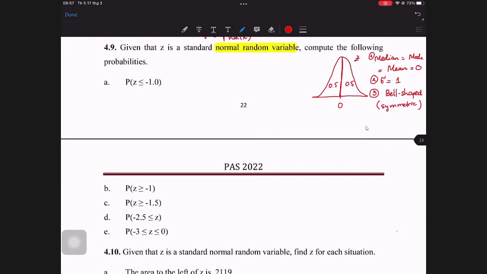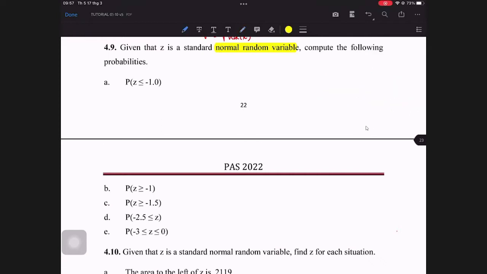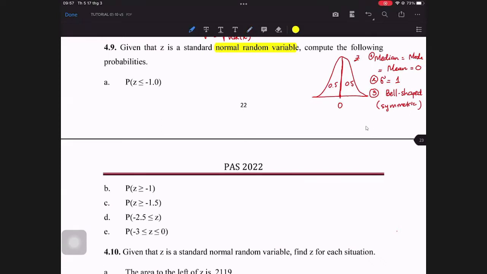All right, so now what we are going to do is use the Z table in order to find the probabilities. And in order to use the Z table here, there is something that I should tell you. Whenever you are asked to find the probability of Z smaller than some value, you can just directly look up the Z table for this.